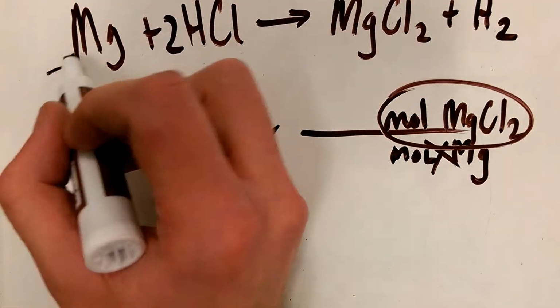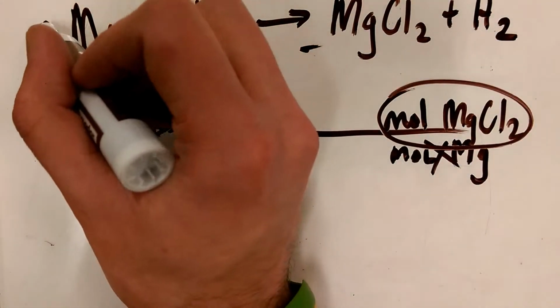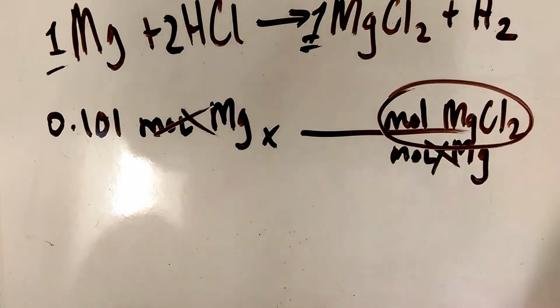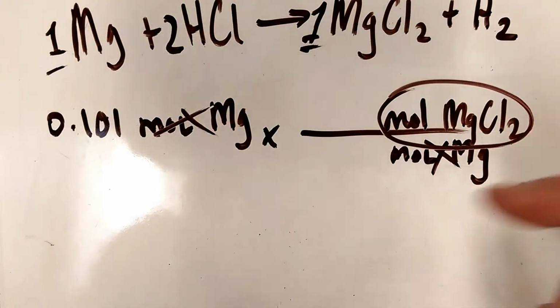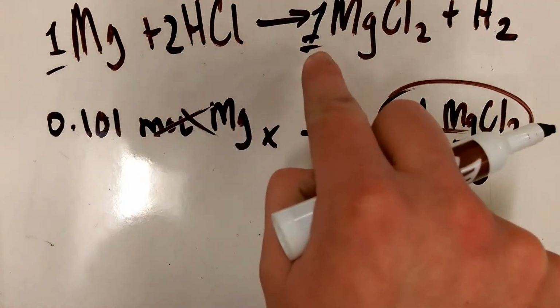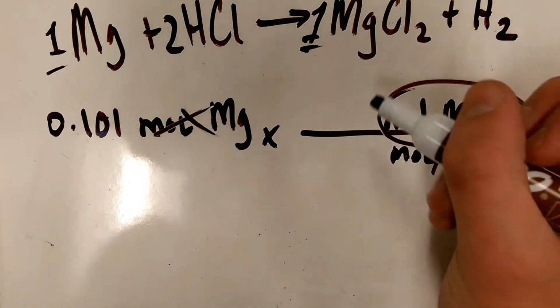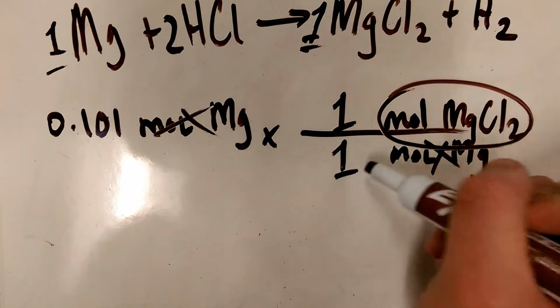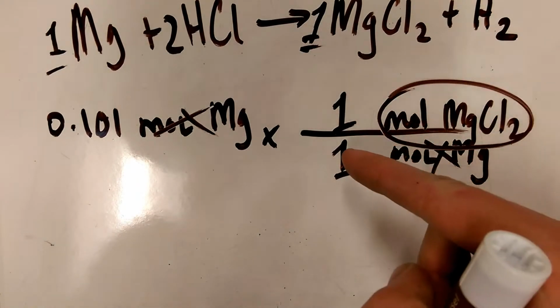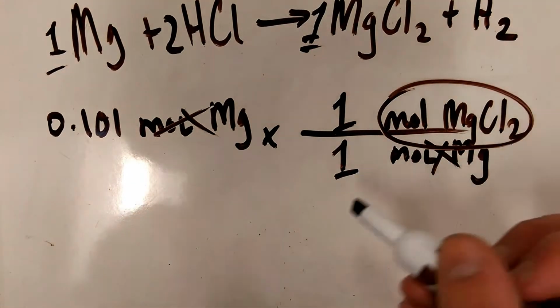Now we want to look at our coefficient comparison. Remember that there's a 1 implied in front of each of those numbers. So for every 1 magnesium I put in, I should get out 1 magnesium chloride. We can translate those numbers into our equation. So for every 1 magnesium chloride, I should have 1 magnesium.